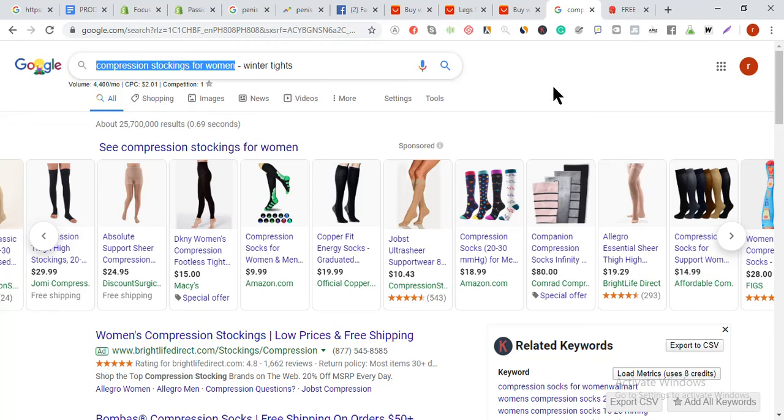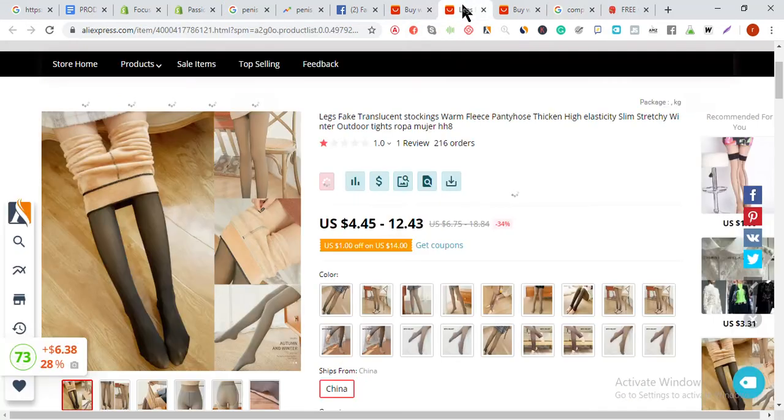At least they're not that specific, I mean, they are not too broad. They are actually specific. So you're targeting two audiences, the ones looking for compression stockings and the ones looking for winter tights or stockings as well. So I think that's a good title for us.